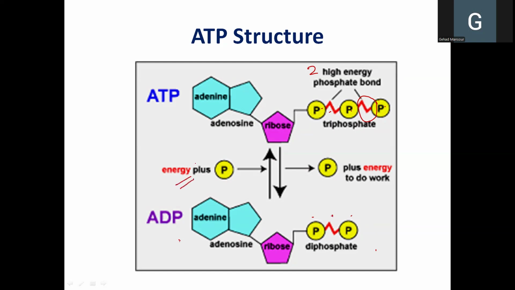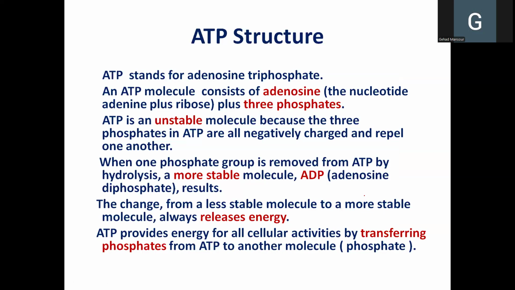If you add energy to adenosine diphosphate, you get ATP. If you convert ATP into ADP, then you release energy and phosphate, and the energy is utilized to do work.